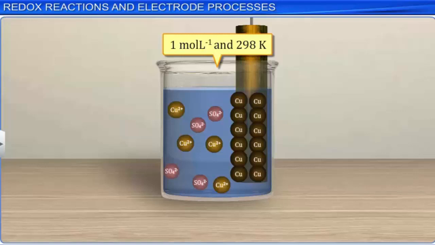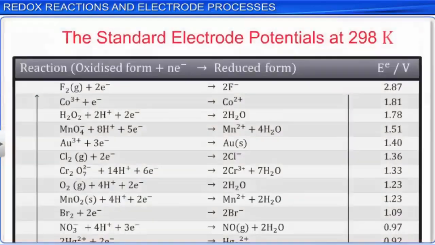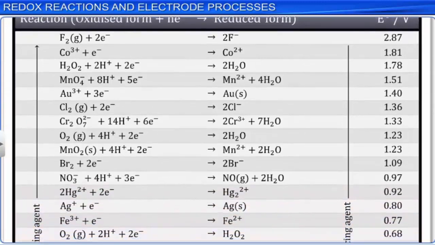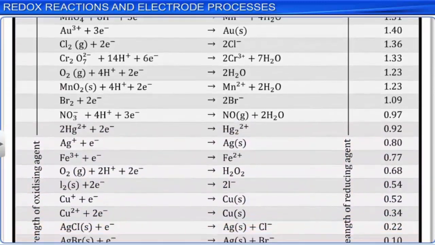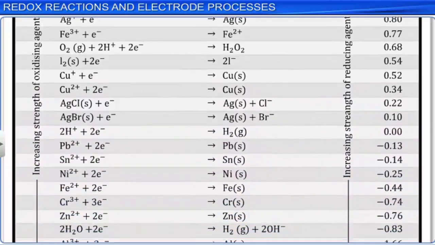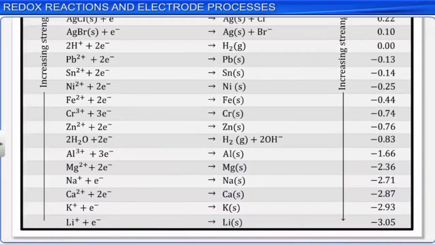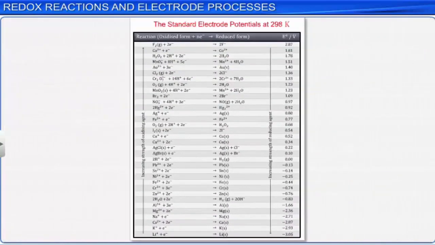By convention, the standard electrode potential of the hydrogen electrode is taken as 0. Chemists have created a table that lists the tendency of various substances to lose electrons in a galvanic cell. Note that the values of standard electrode potentials are relative to the standard hydrogen electrode.